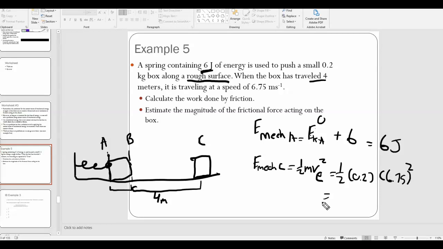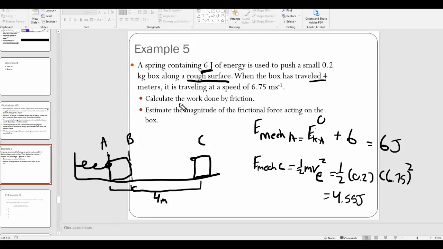Now, if you put that into your calculator, 6.75 squared times 0.2 times 0.5, you get 4.55 joules. Okay, so that means at A, it has 6 joules of mechanical energy. At point C, it has 4.55 joules of mechanical energy. Very obviously, mechanical energy is not conserved.